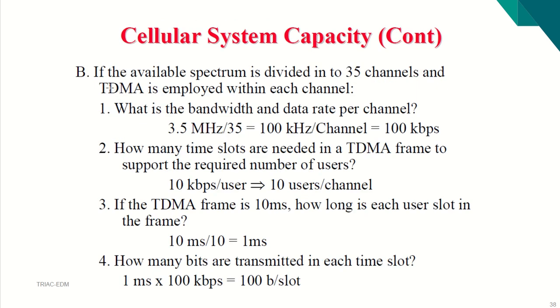And then we come to question B. If the available spectrum is divided into 35 channels and TDMA is employed within each channel, then what is the bandwidth and data rate per channel?